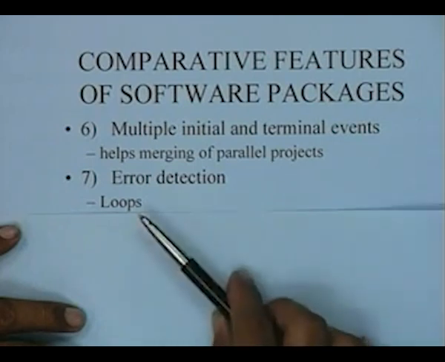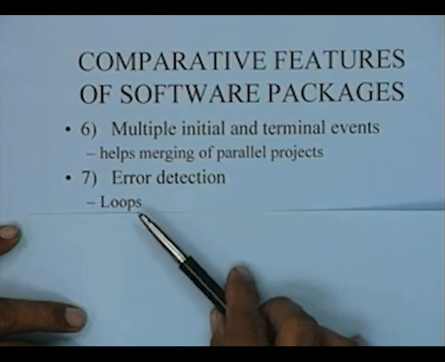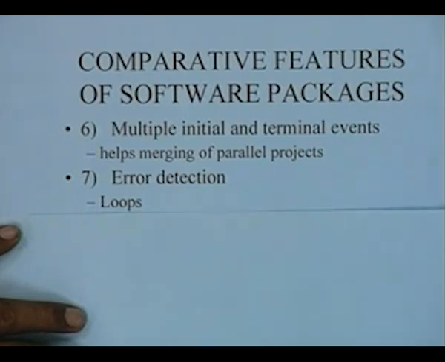You know, loops are not permitted by the network logic in the conventional PERT CPM networks, although loops can be permitted in GERT networks and various other kinds of networks for other reasons. But in a conventional project network there are no loops. So do you have the facility to basically detect these loops and point them out?